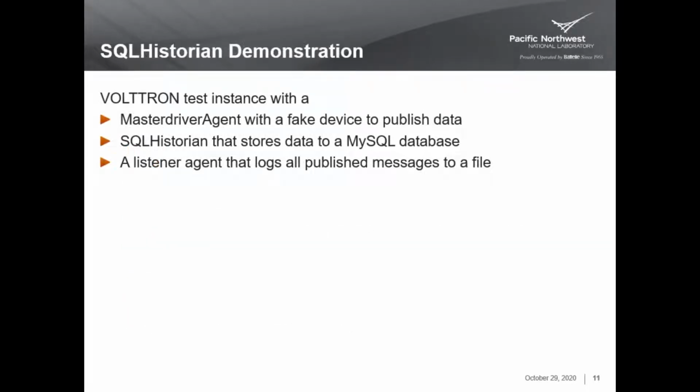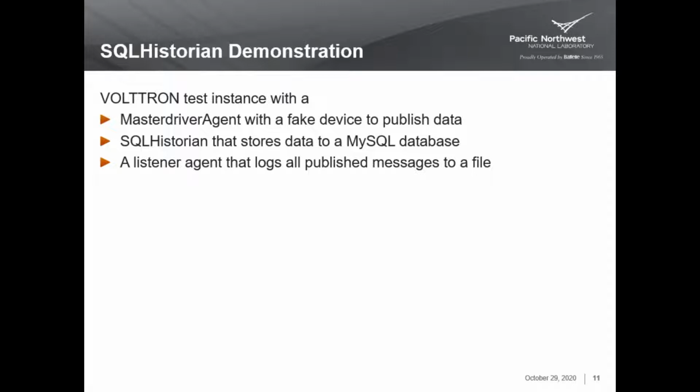Now that you know about historians, time to see one in action. I will walk you through an example historian setup, show the data it collects, and also walk you through a test agent that queries the data. For this, I will use a VOLTTRON instance that has 3 agents. One, a master driver or a platform driver that will periodically scrape data from a fake device and publish that to the message bus.